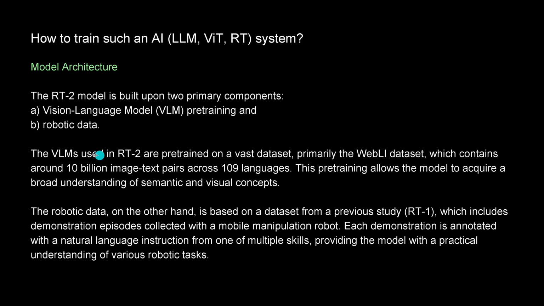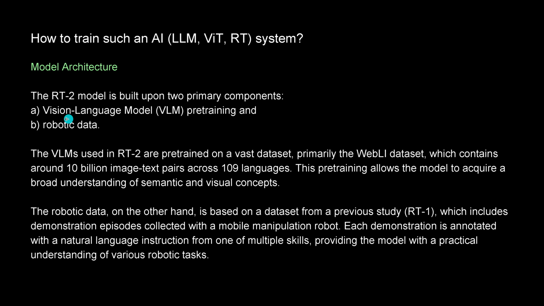More or less, you just have to know it is about 10 billion image text pairs with about 110 languages somebody borrowed from the internet. 10 billion image text pairs. So you have a verbal description of the content of the image, and you have the image itself.